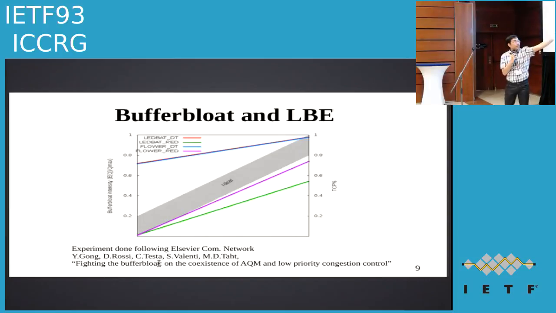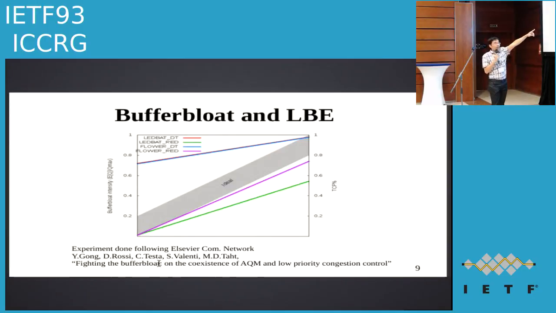And the right y-axis represents the percentage of TCP throughput in the presence of an LBE protocol. So in this case, the ideal property of an LBE protocol is to minimize the buffer bloat intensity while minimizing its impact on TCP, as shown by the gray shaded region in the figure.